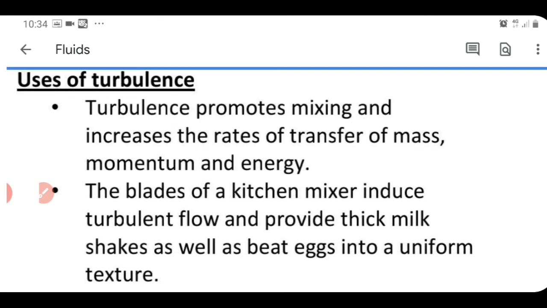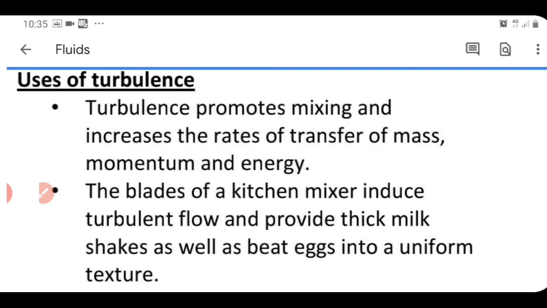Turbulence is created. That turbulence promotes mixing. In making cake also, in the preparation of batter, we beat egg with the sugar, so that also promotes mixing. So actually turbulence promotes mixing.